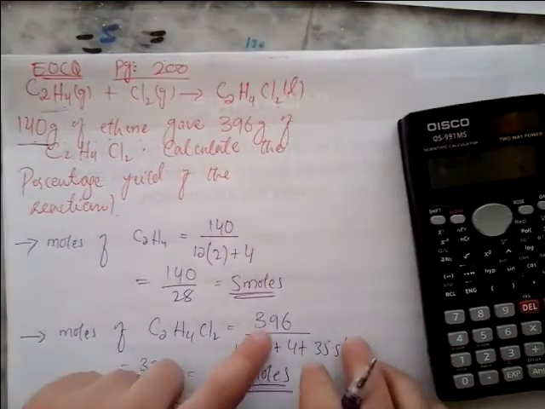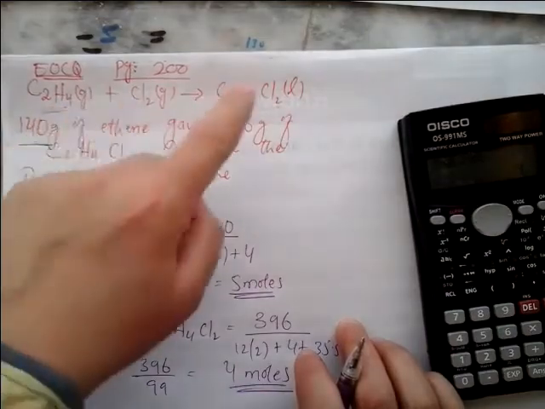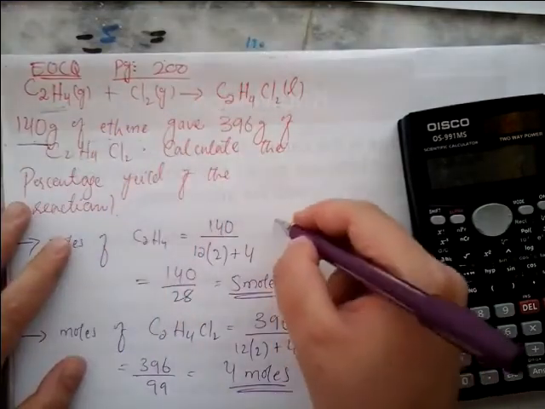So 5 moles of ethene gives 4 moles of chloroethane.